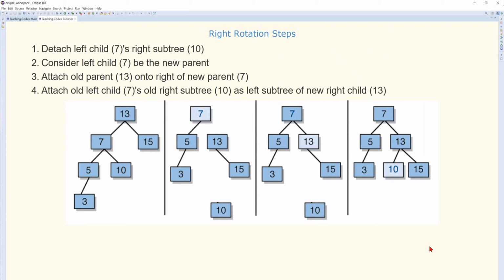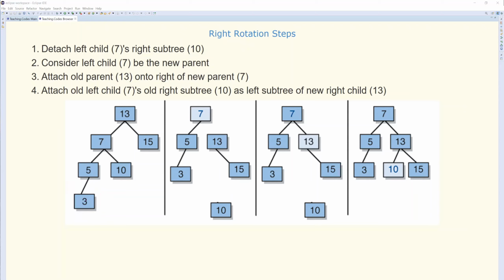Let's see that with an example. We're given this tree on the left. So we start with this one. Actually, in the beginning, we did not have this. So assume this value 3 is not here. If 3 is not there, this is a balanced tree. Okay.